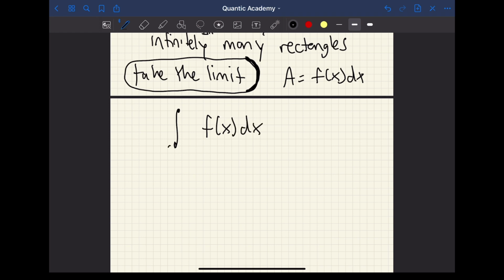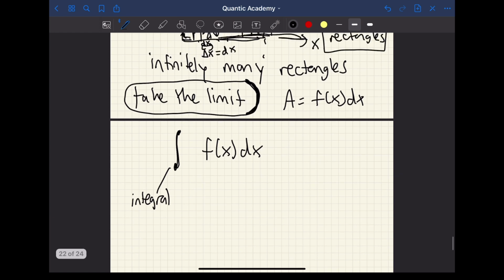And we use this integral sign, and it looks like a long S to represent sum. So the area under the curve is an infinite sum, basically.